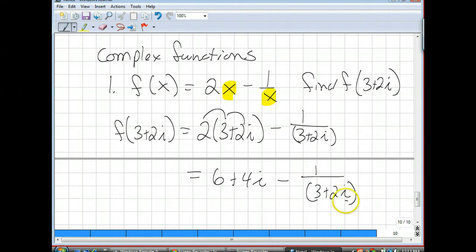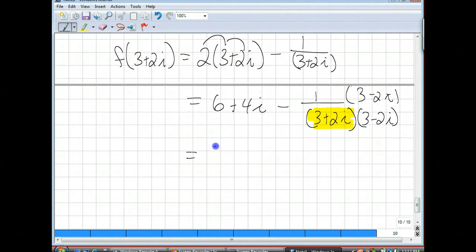Okay, so we have to get rid of this complex number in the denominator. So we're going to multiply by the conjugate. And I'm going to put this in parentheses so I remember to distribute this negative later.